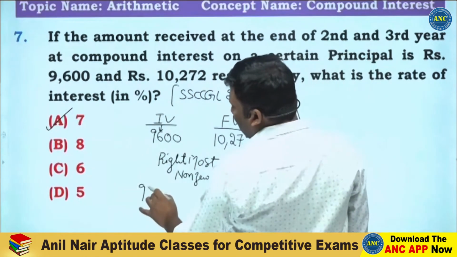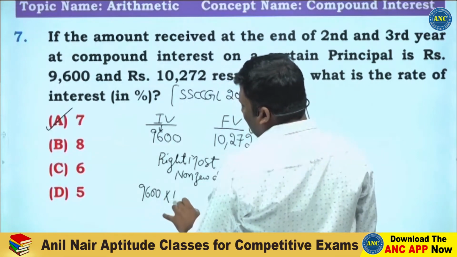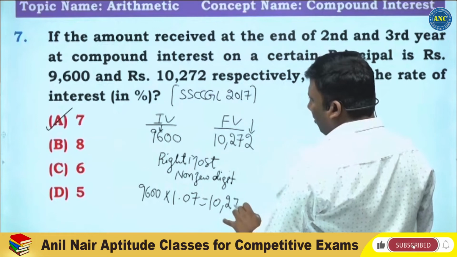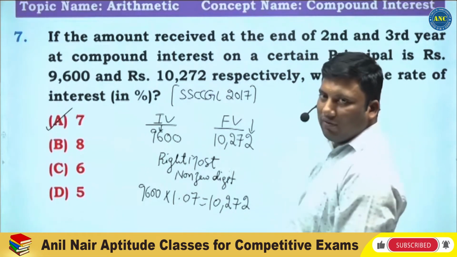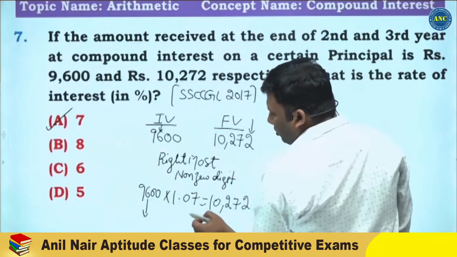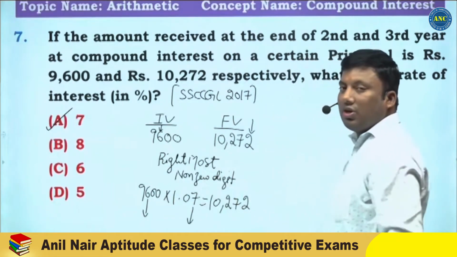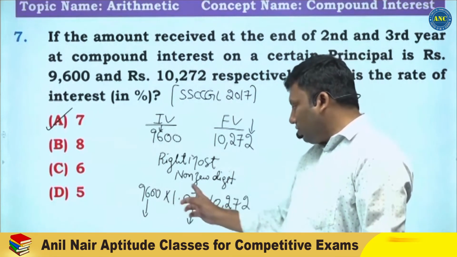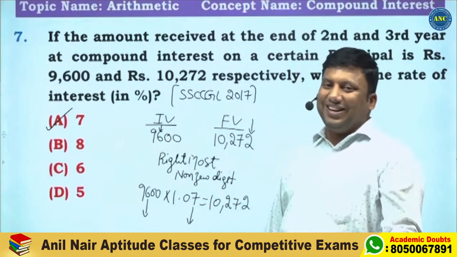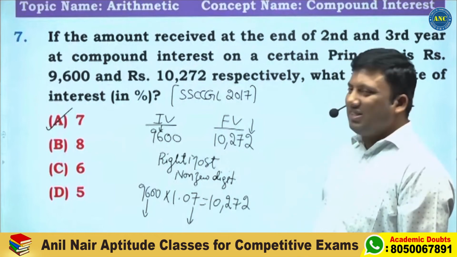Suppose 9,600 into 1.07 will give you 10,272. Rightmost non-zero 6, rightmost non-zero digit 7. 6 into 7 is 42. Unit digit is 2. Are you all with me? Just a 5 seconds question.